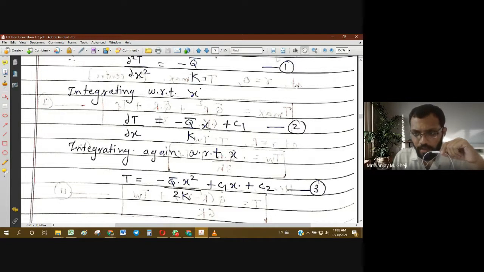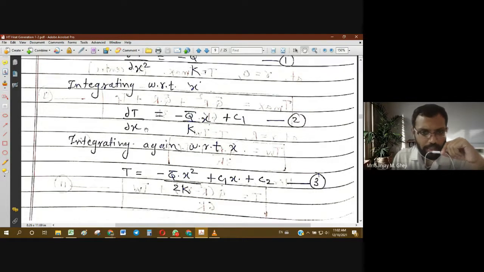This is equation 2. Let us integrate it again so that the temperature T is free from the differential. After integrating, we get T equal to minus q bar by k, where q bar is constant and conductivity is also constant, and the integration of x will be x square by 2.